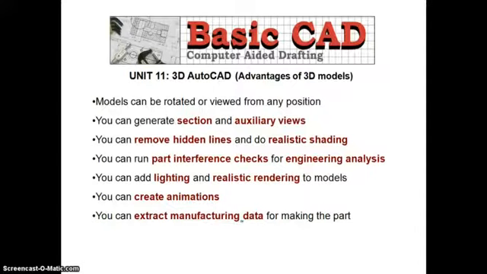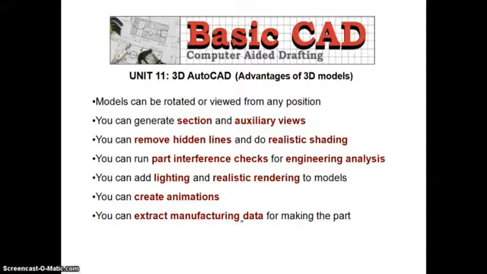In AutoCAD, we generally work with the top view, but when we are in 3D modeling, it needs to convert AutoCAD space from 2D space to 3D space, or from paper space to model space. Also, some important things: we can rotate the 3D model by any angle or any orientation.